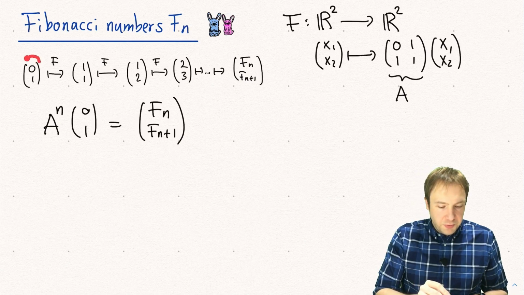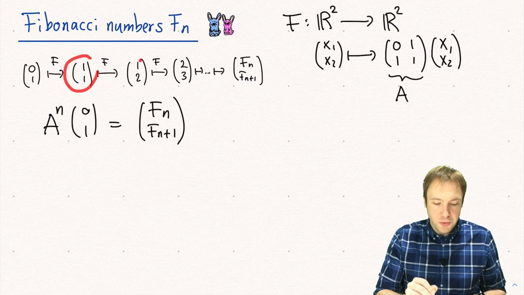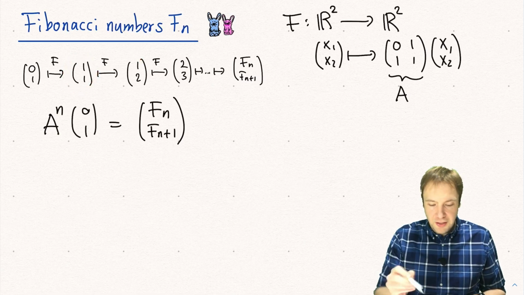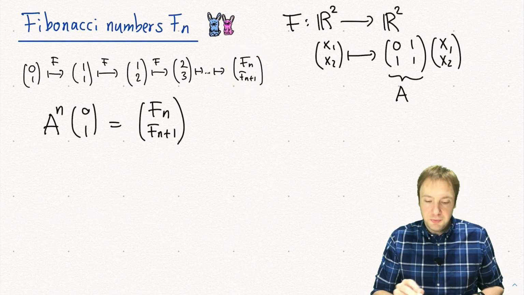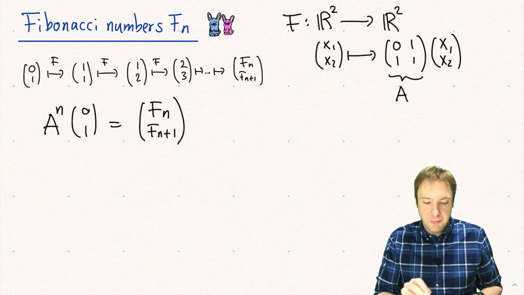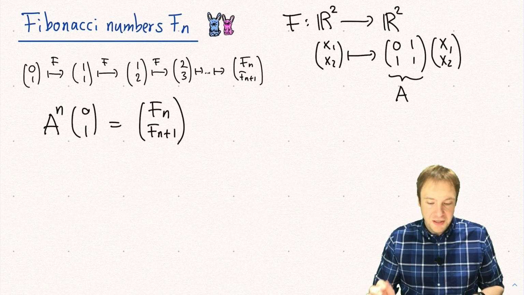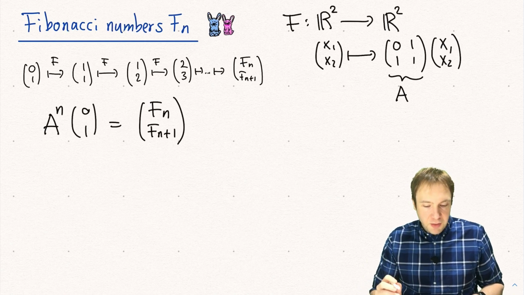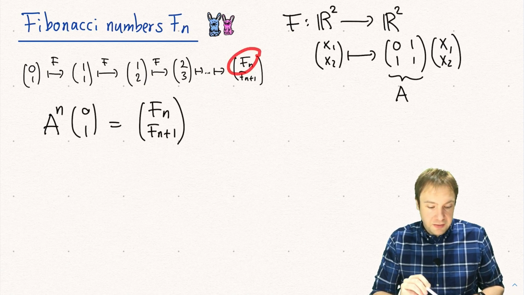And so we started with a vector 0, 1, which then got mapped to 1, 1, 1, 2, 2, 3, after applying F again and again. And in the end, after n steps, the entries of these vectors were given by these so-called Fibonacci numbers. In our bunny example, these numbers represented the number of bunnies after n months. And we wanted to calculate an explicit formula for this Fn.